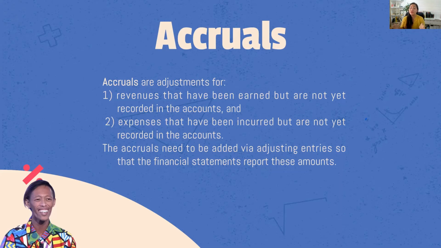So the accruals need to be added via adjusting entries so that the financial statements report these amounts. So that is for matching, no? The underlying principle in these adjusting entries is the matching principle.